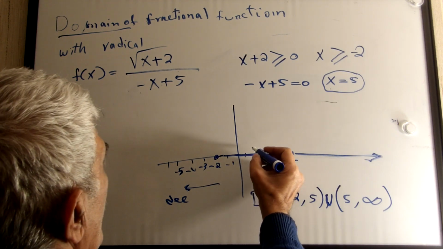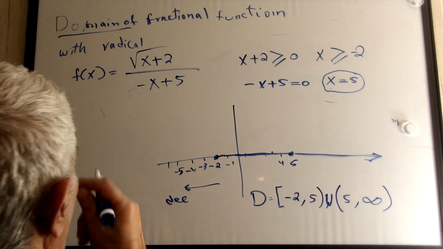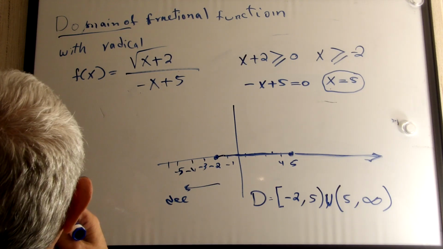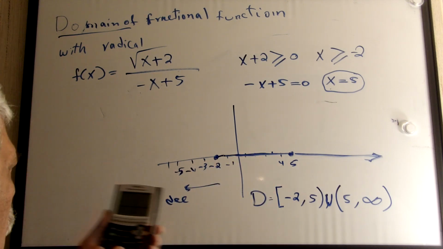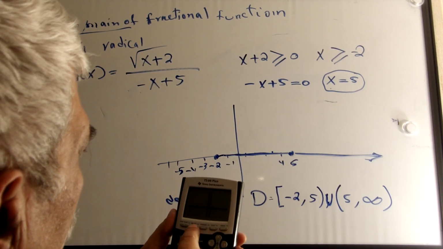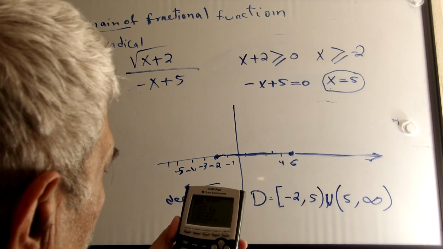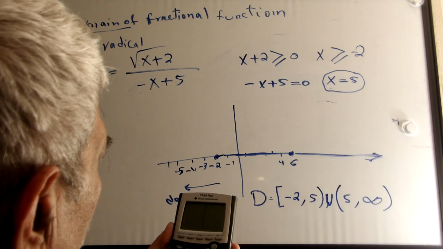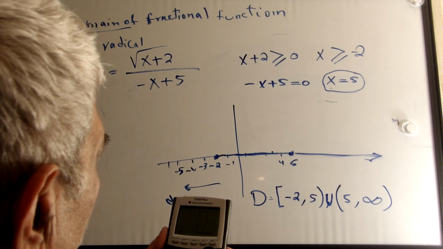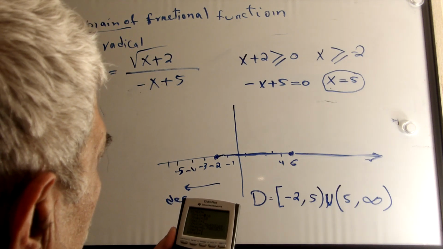Actually, it shows the 5. It looks like this. We can bring it closer. And you can use the window.